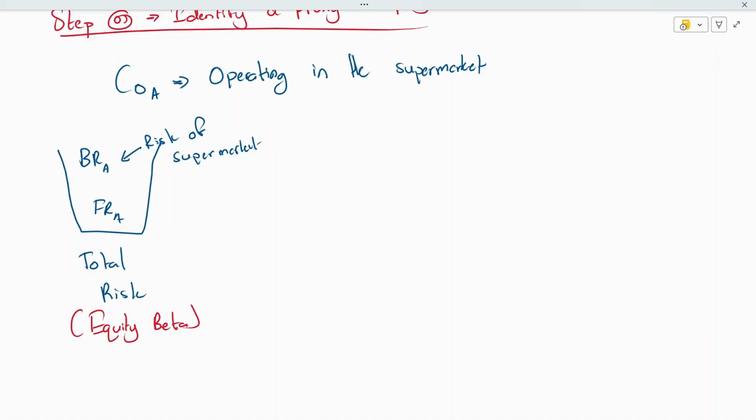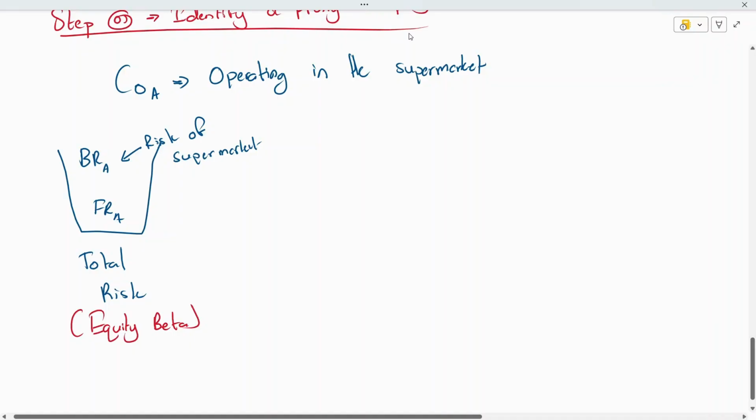You learned that in the CAPM, capital asset pricing model. Total risk is known as equity beta. Another name for equity beta is geared beta, or share beta. Different terms, but in FM, financial management, in ACCA, we call it equity beta.